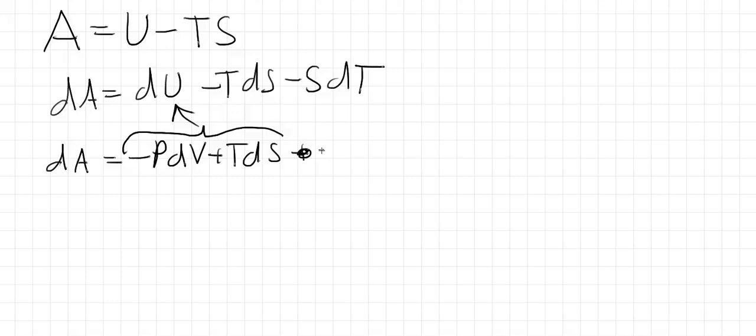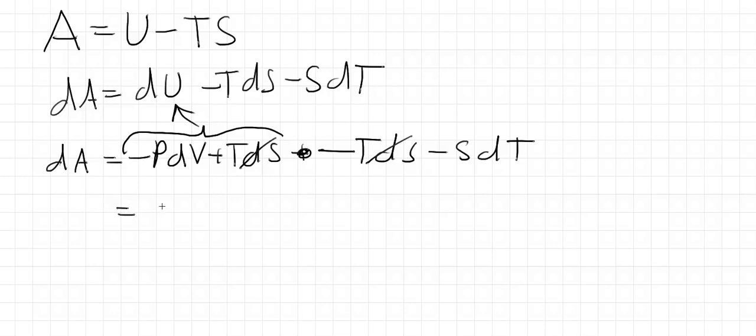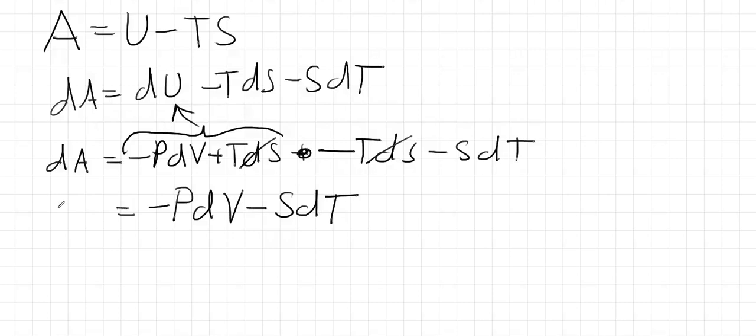Oops, they're negative. And we can see the TdS cancels. So we can calculate the change in the Helmholtz function from the change in volume and the change in temperature. So the Helmholtz function has natural variables volume and temperature.